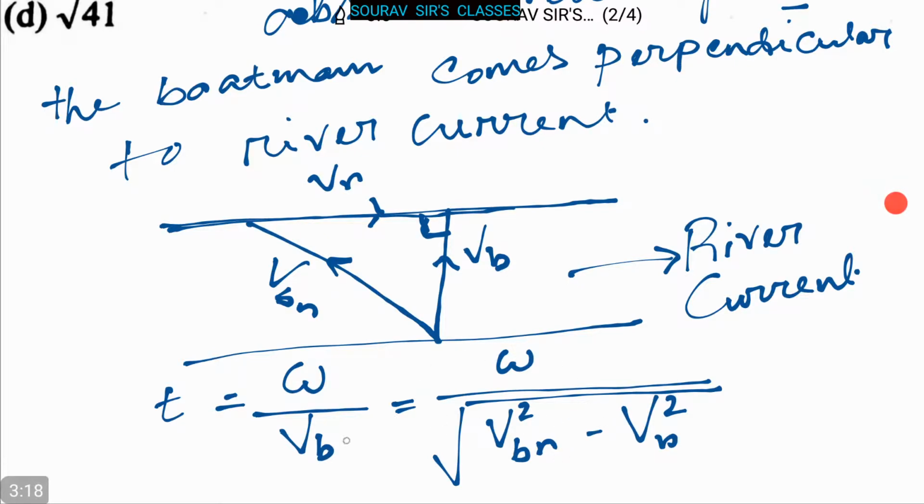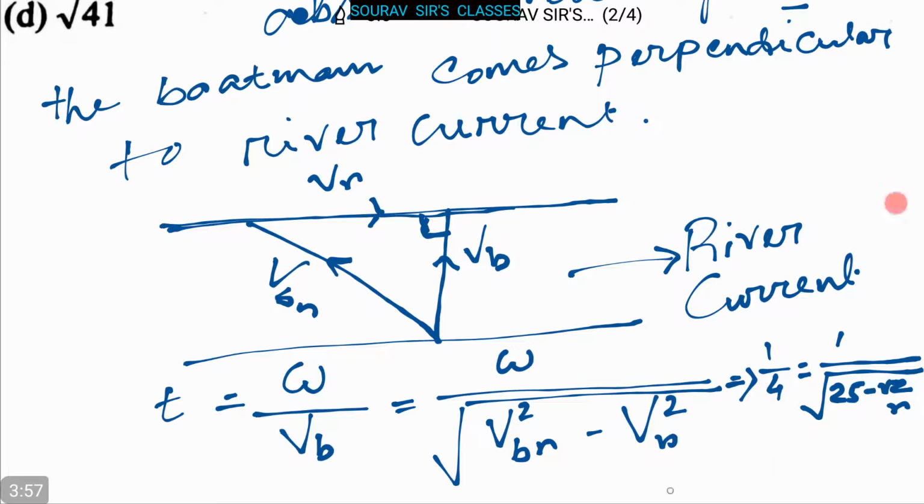So VB is equal to root over VBR square minus VR square, and putting in the values, 1 by 4 is equal to 1 by root over 25 minus VR square, as VBR was 5.